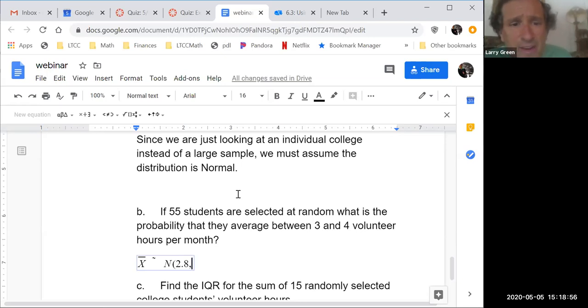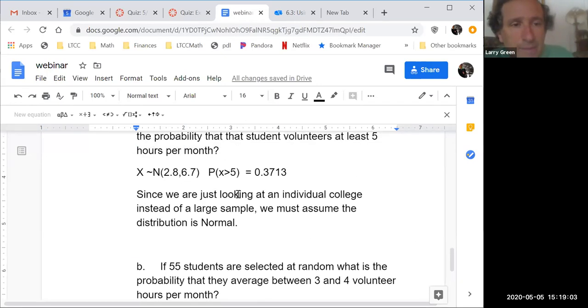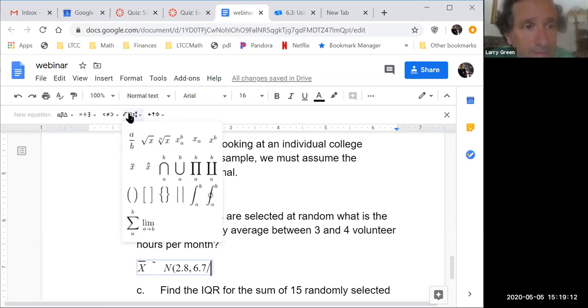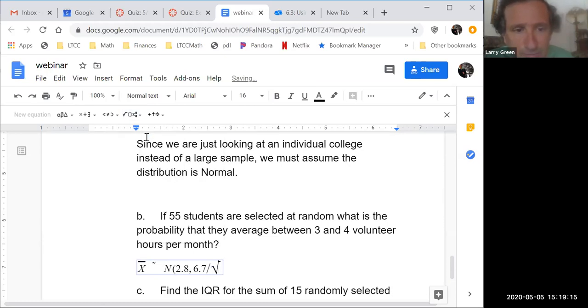The standard deviation, on the other hand, is not the same. That is going to be 6.7 divided by the square root of 55. Any questions on that? Okay, now I want the probability that X bar, and let's write X bar, it's a little faster, is between 3 and 4.